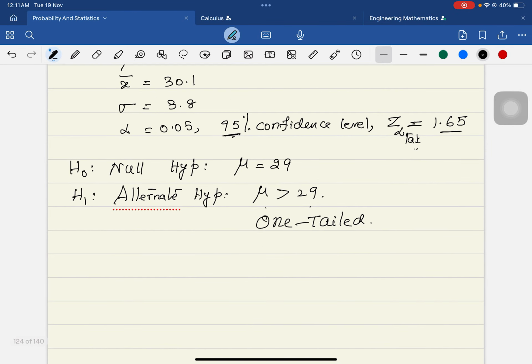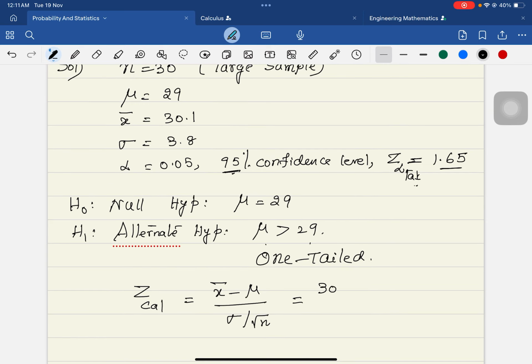So let us now calculate the Z calculated value. What is this given by? It is x bar minus mu over sigma by square root of n. What is x bar here? It is 30.1. And mu is 29. Sigma is 3.8.